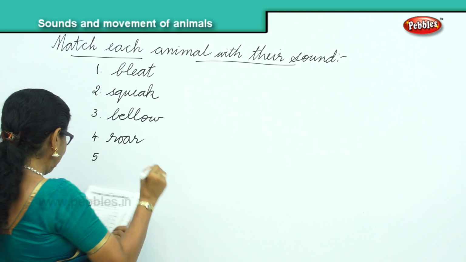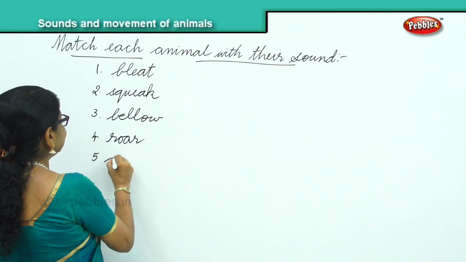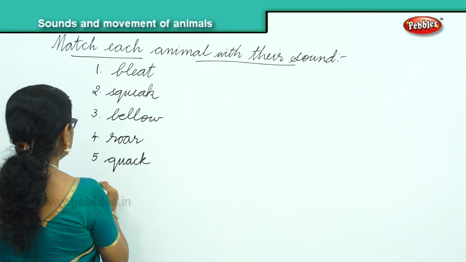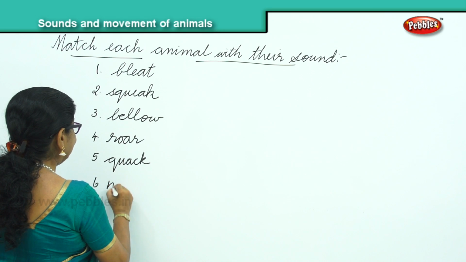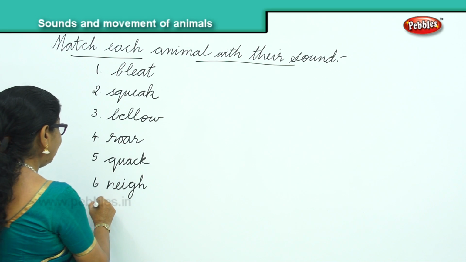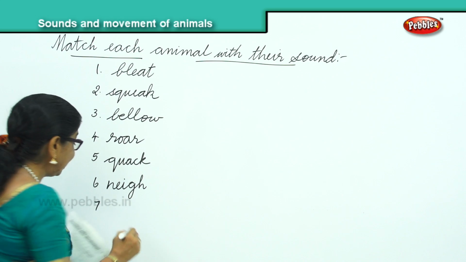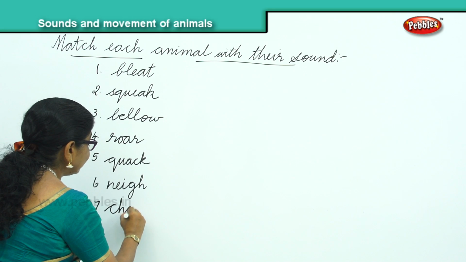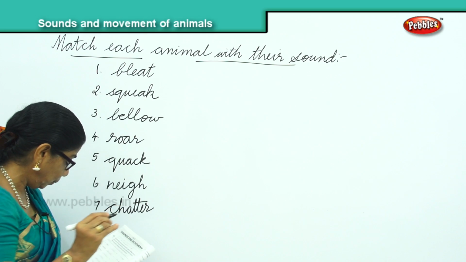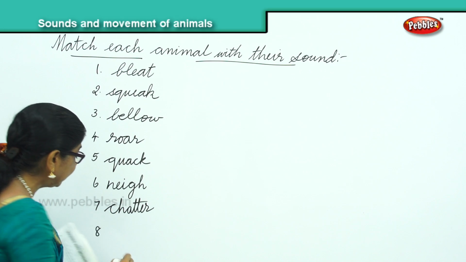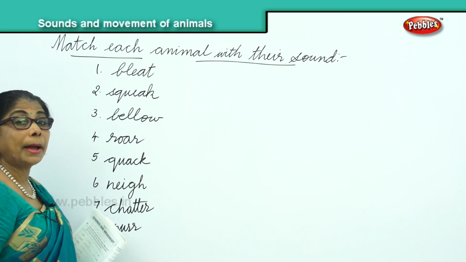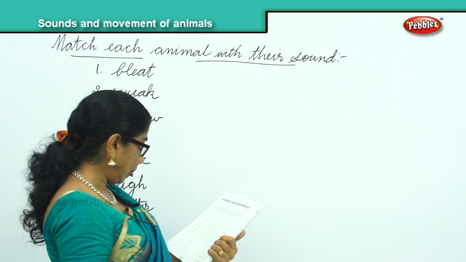Then we have quacks. Quack. And then neigh. Who neighs? A horse. Chatter. Who chatters? A monkey. Then we have purr. A cat, very good. A cat purrs. Alright.